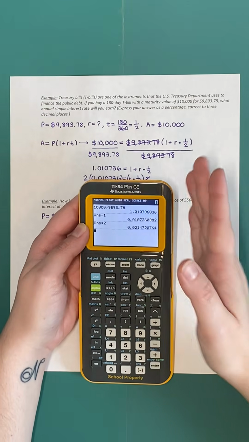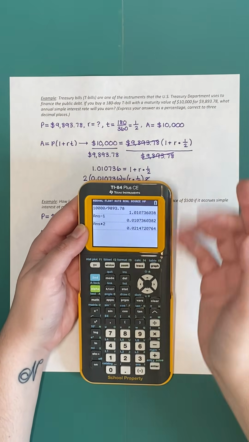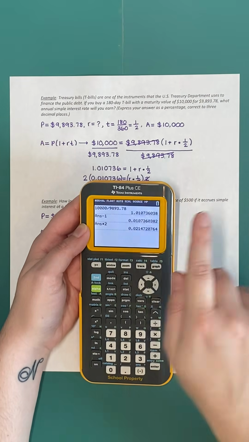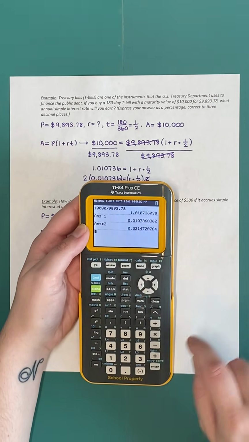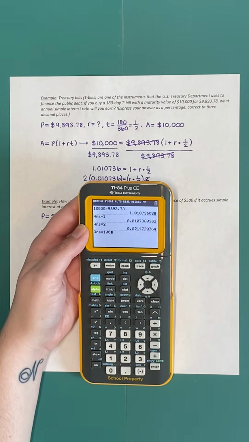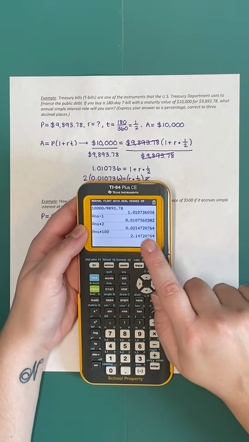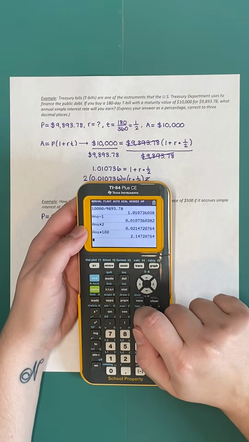Remember, if we started with a percentage and we wanted a decimal, we divide by 100. So if we want to go backwards, we would take the decimal and multiply by 100. We would undo a division by 100 by reversing it and multiplying by 100. So if I multiply by 100, that is going to give me the percentage.